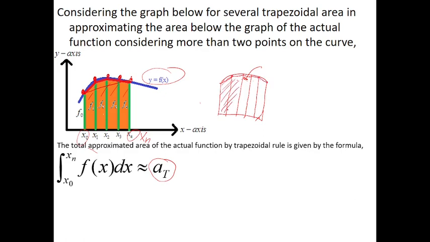So the approximation is more accurate. It is very near to the actual value of the area. It's very near to the actual area. So that's the advantage of having several trapezoids between 2 points on the graph.